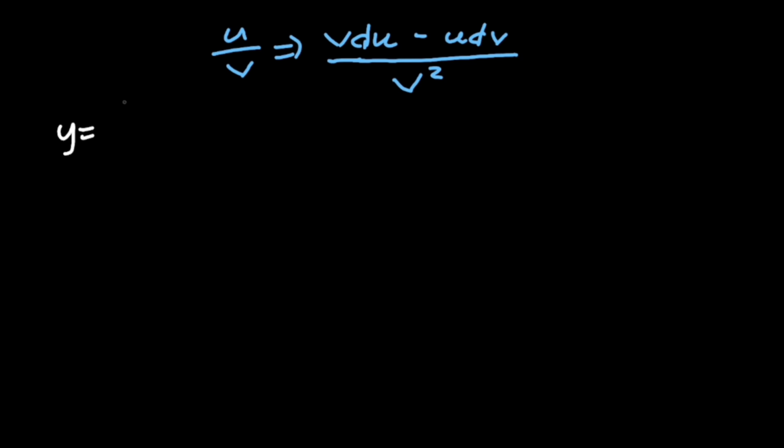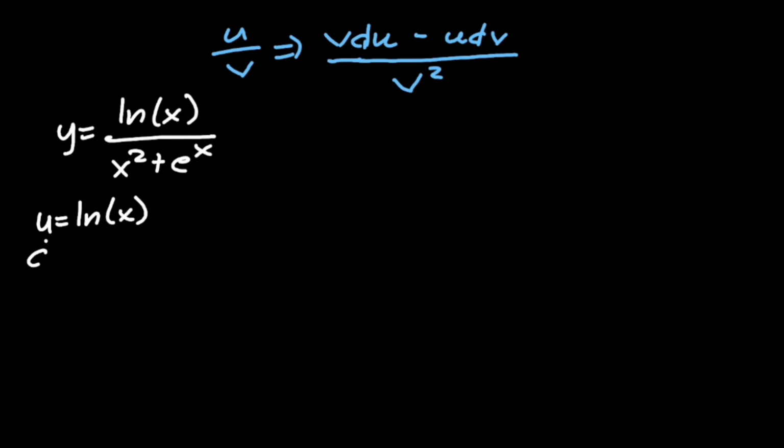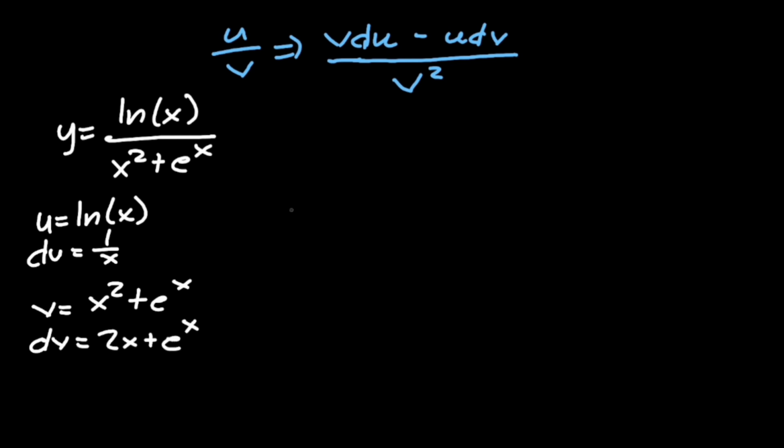Now y will be ln of x over x squared plus e raised to the power of x. U here will be ln of x, and the derivative of u will be 1 over x. V here will be x squared plus e raised to the power of x. The derivative of v here will be 2x plus e raised to the power of x.